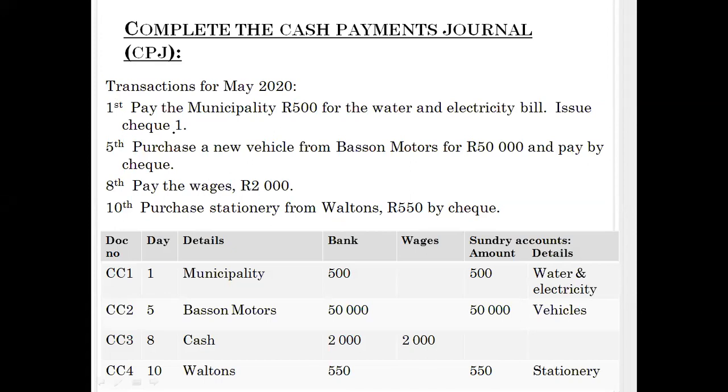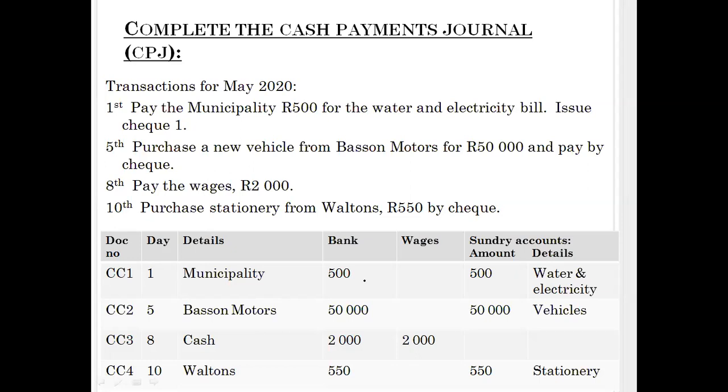Right, so how are you going to enter it into the CPJ at the bottom? First of all, your first column is the document number column. And remember, I said every time the source document will be a check counterfoil, and we're going to use the abbreviation CC for that. So it's going to be CC1 on the 1st, your details, the name of the business, in this case the municipality.